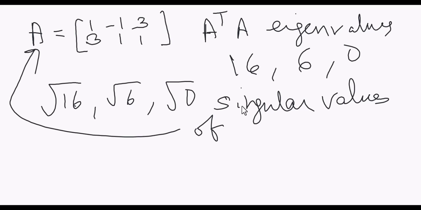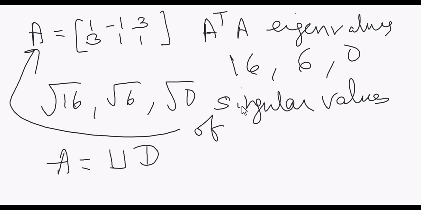So what we will do is attempt to factorize A like this: we will have an orthogonal matrix U and a matrix D, a diagonal type, as I said.